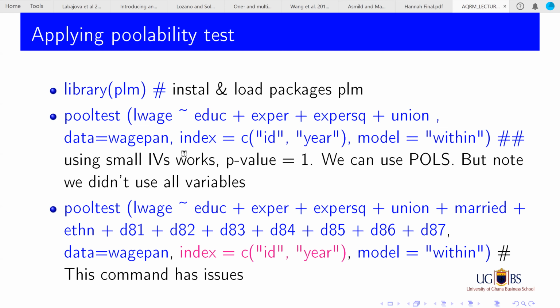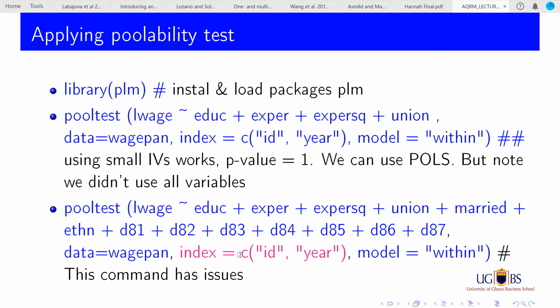I'm using a smaller number of independent variables because this one will work better. If you use a smaller number of independent variables, you're going to have the p-value to be 1. We can use the pooled OLS here by typing pooling, but we are not using all the variables, as you can see here, for simplicity, for a reason.